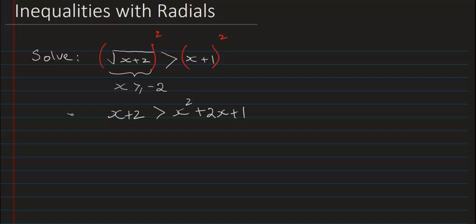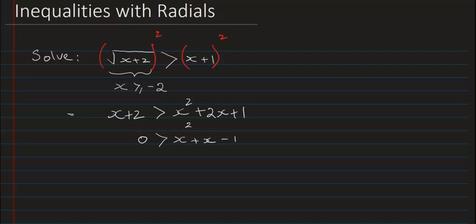Now we're going to bring all the terms to one side: x squared plus x, because we subtract x from both sides, and then -1, because we subtract 2 from both sides, and that's 0 on this side.